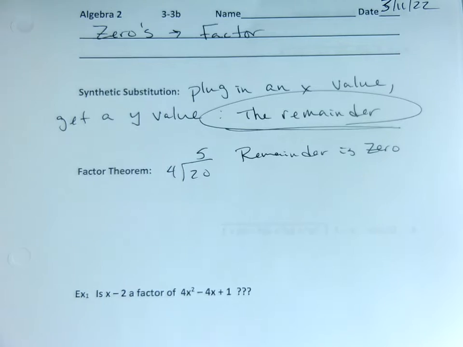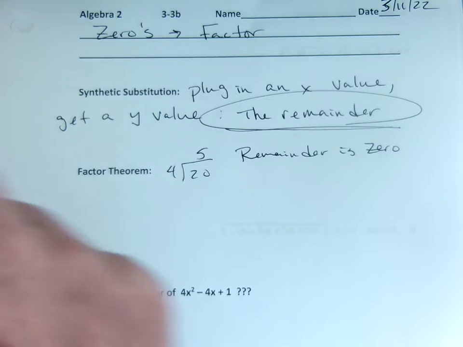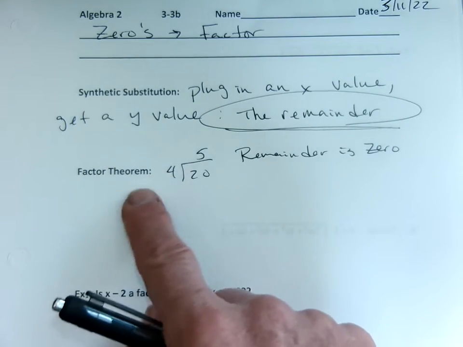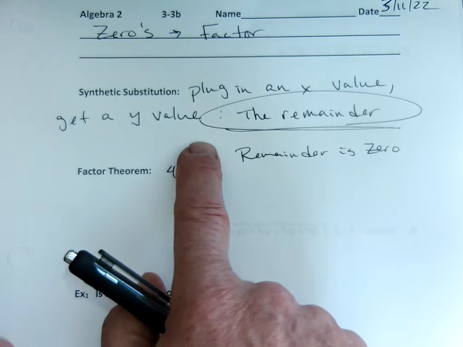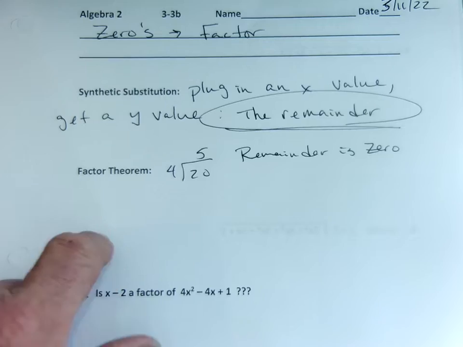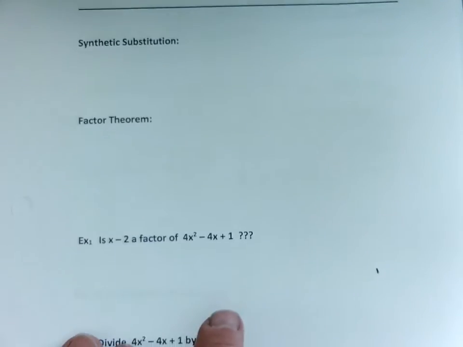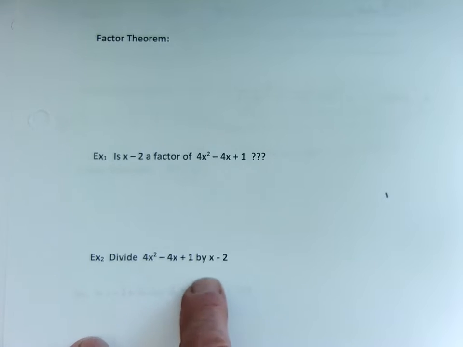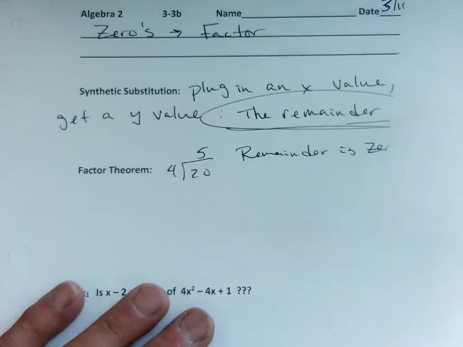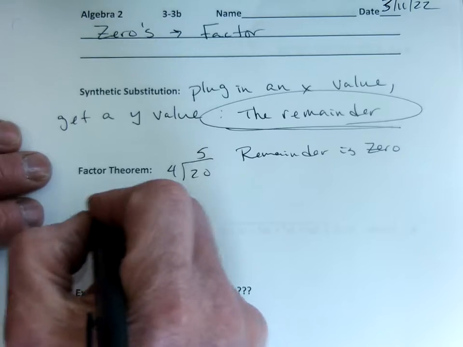Everybody agree with that? If the remainder is 0, it's a factor. It goes in evenly. Okay, does that make sense? If we do our division, like in our notes, and it goes in evenly, then it's a factor.